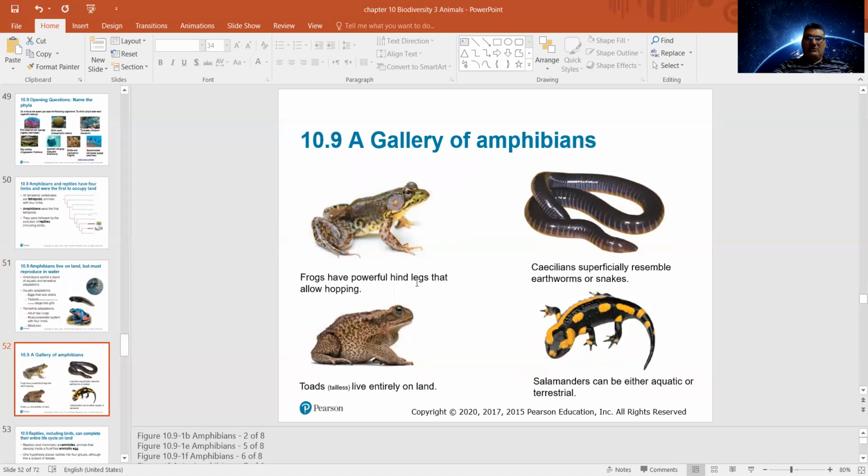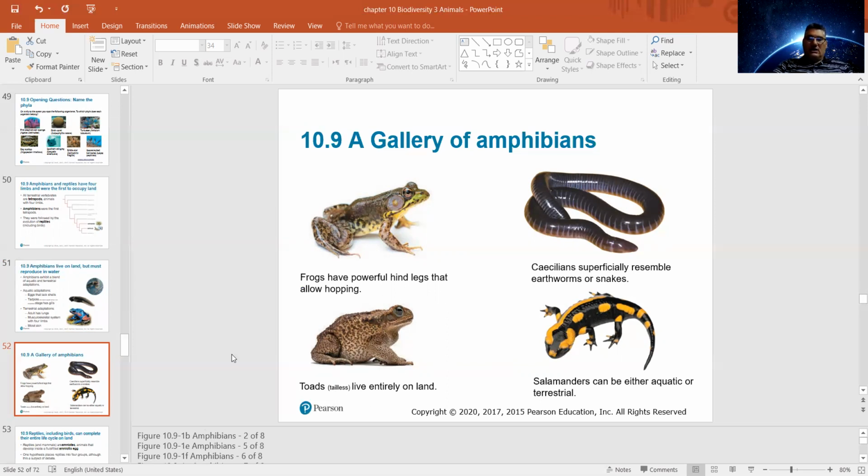And here are different types of amphibians, like frogs, like caecilians. They look like an earthworm or like a snake, but they are not. The adult lives on the land. They lay their eggs in the water. They hatch into larvae. Both of those are aquatic, and then the adults come and live on land.